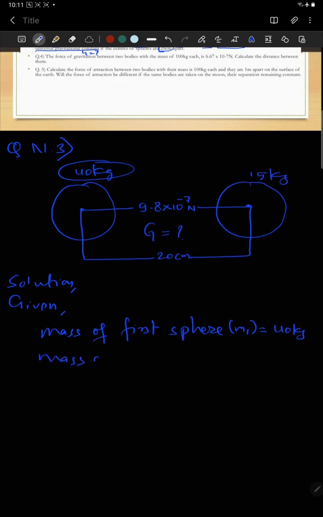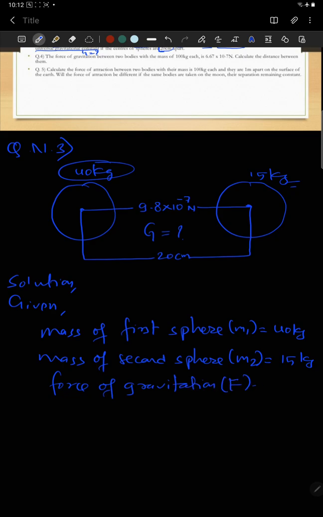Mass of the second sphere, M2, is 15 kg. The force of gravitation between them is 9.8 into 10 to the power minus 7 Newton, and finally the distance is given here.